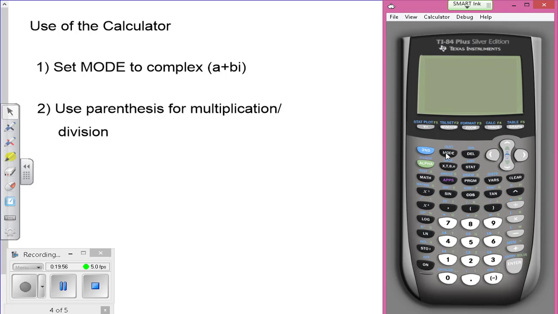And so now let's say I do 3 minus 4i, and then I want to multiply that by 2 minus i. So all the functionality is the same there.